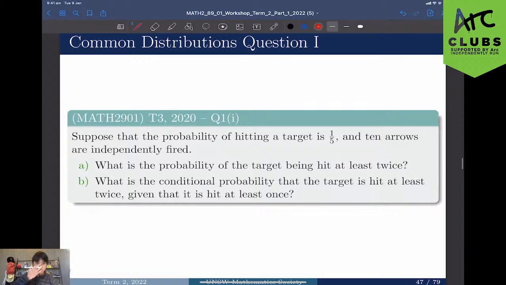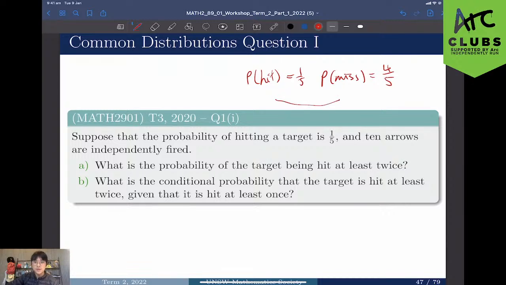So we start with a question. Suppose that the probability of hitting a target is 1 on 5, and 10 arrows are independently fired. So here we have that the probability that you hit is 1 on 5. Obviously the alternative is that you miss. So the probability that you miss is 4 on 5.